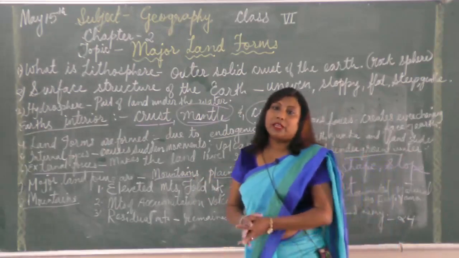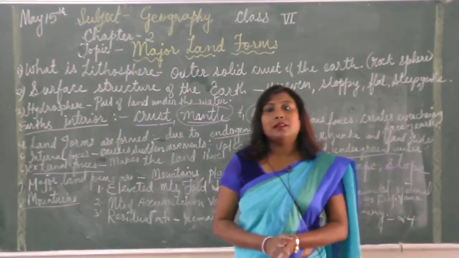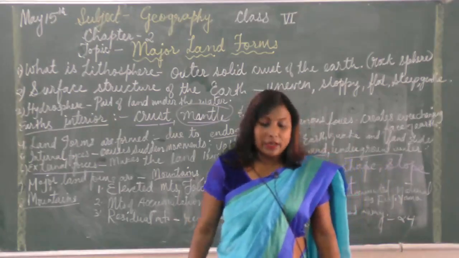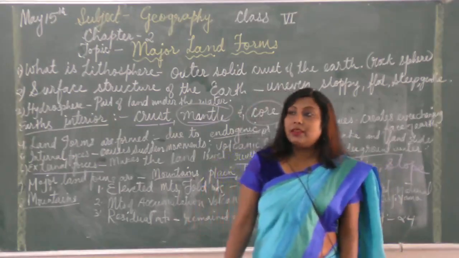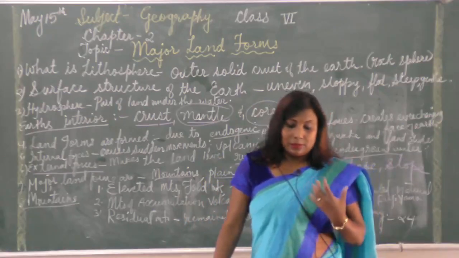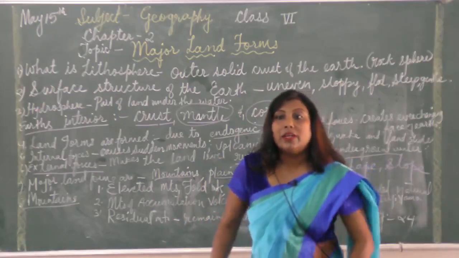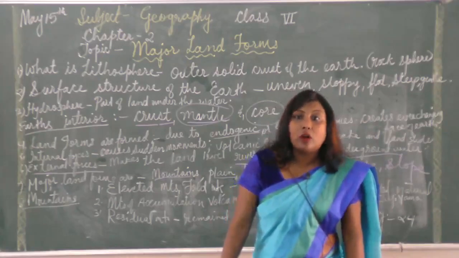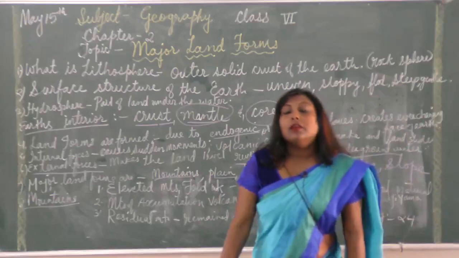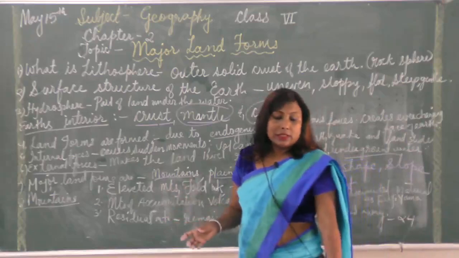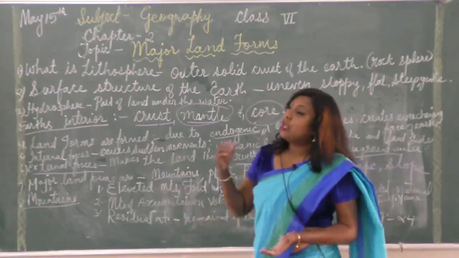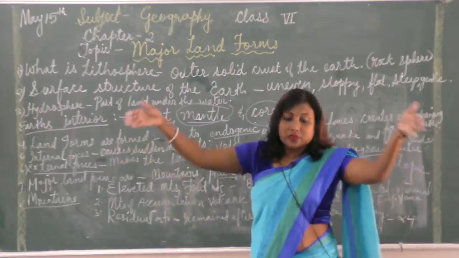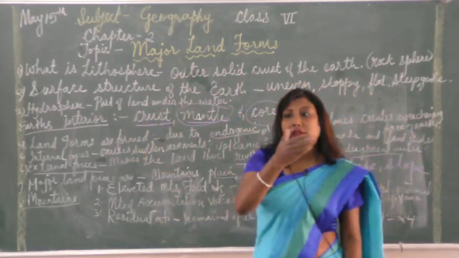I am sure everybody has visited a hill station or experienced a stay over there. But did you ever think in your mind how these mountains were formed? If we define a mountain, it is a natural elevation. Naturally it has risen up from the surrounding areas.